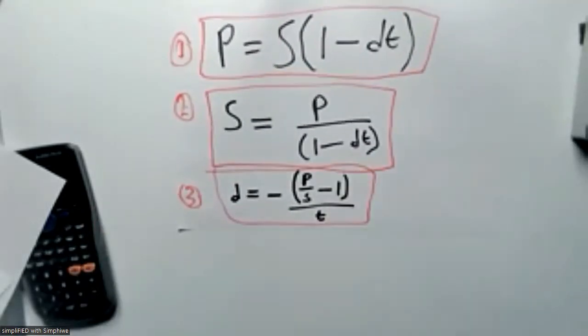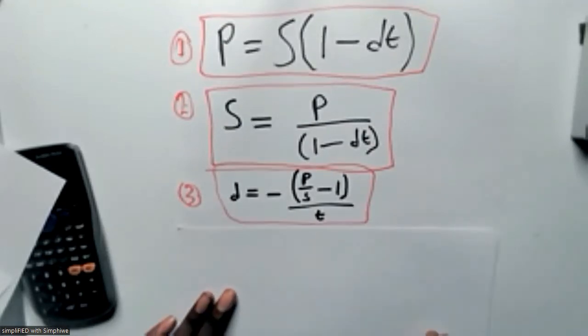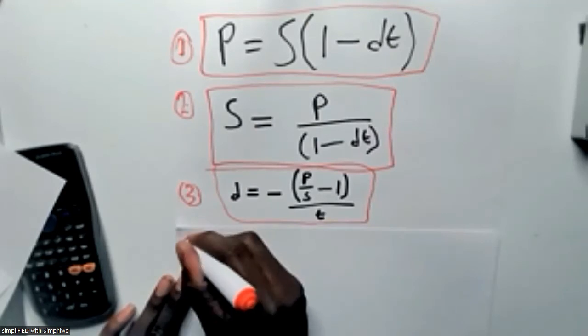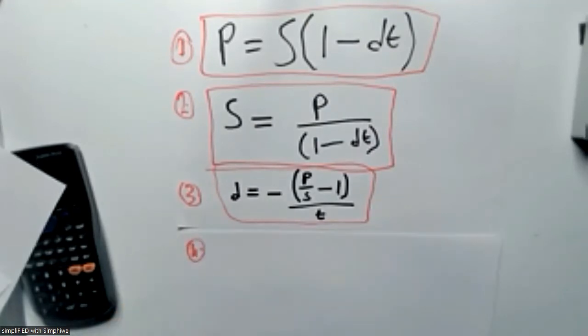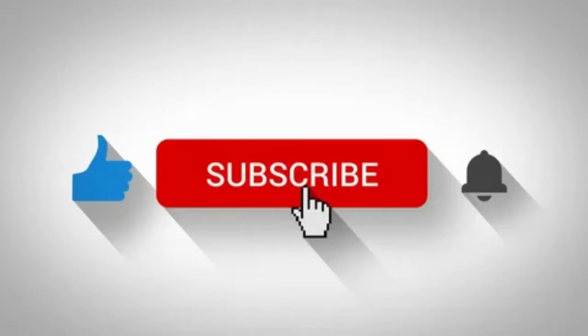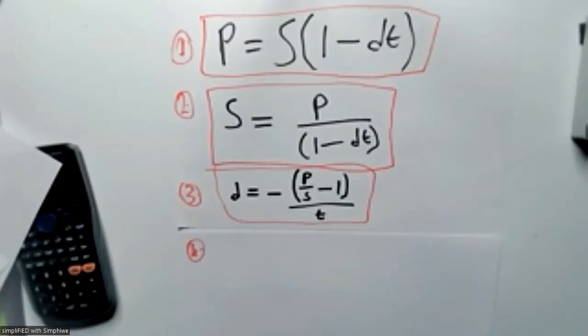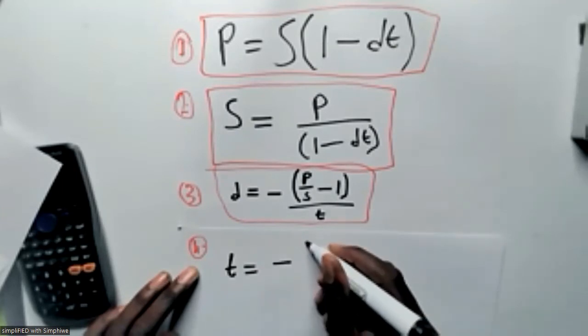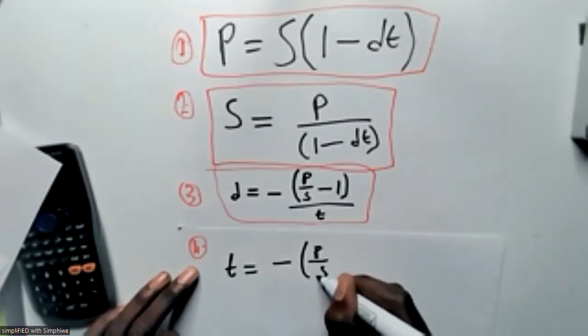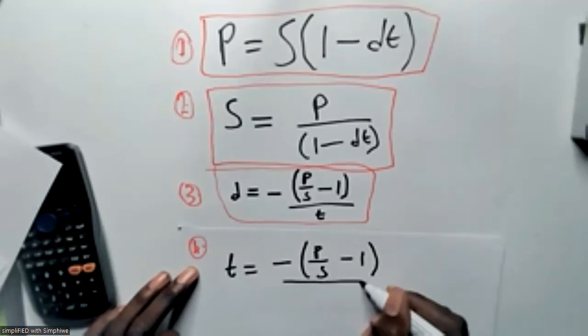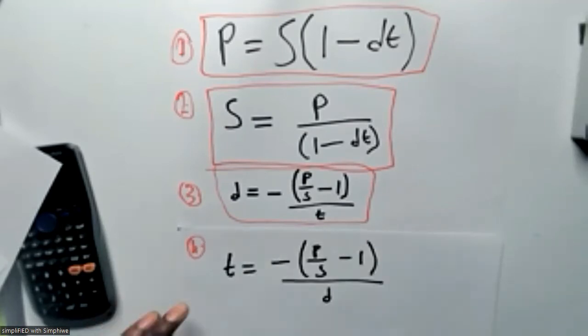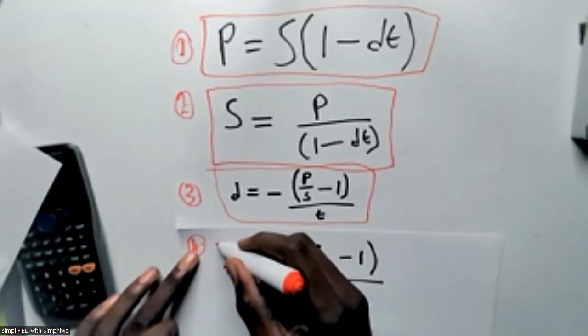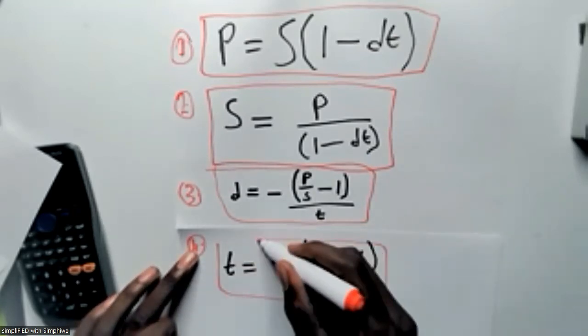I believe now, if you've been following the other videos on simple interest, you can guess the fourth case. The fourth case will be if we have to calculate T, and T will be negative (P over S minus 1) all over D, the discount rate. Right? So this is the fourth case.